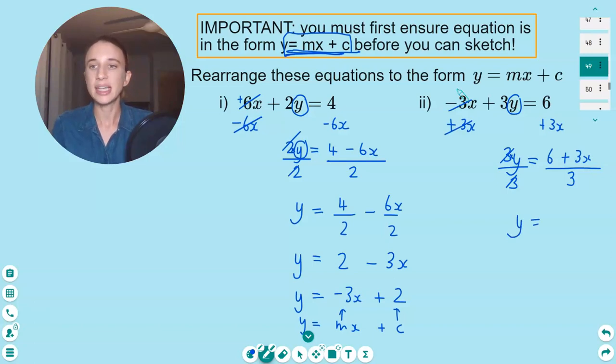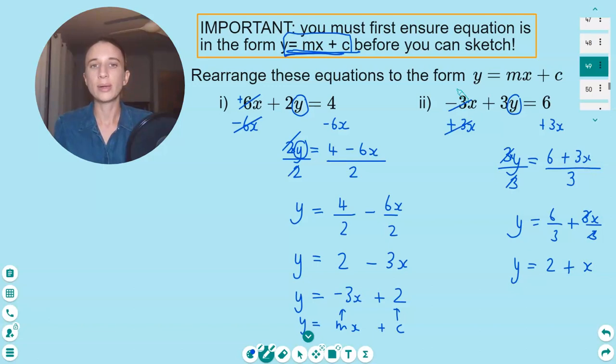And remember how we can separate out that fraction so we can clearly see the y-intercept and the gradient. So I can rewrite this with that separated. 6 divided by 3 is 2. 3 divided by 3 is 1, so that cancels and I'm left with x.